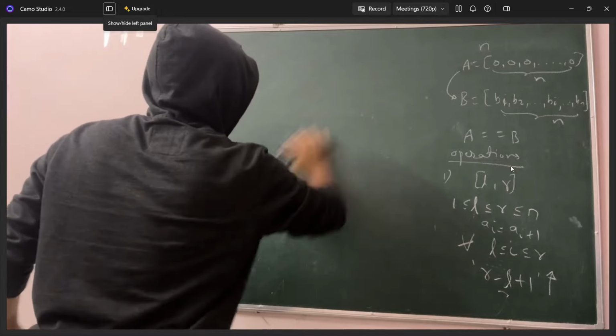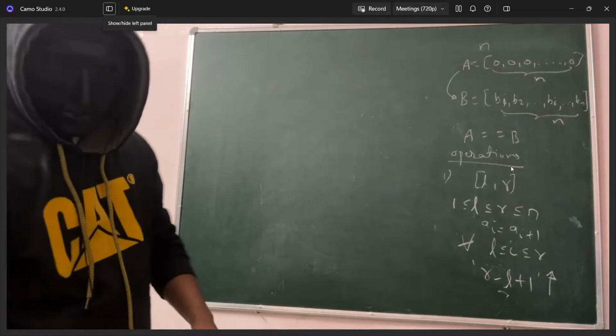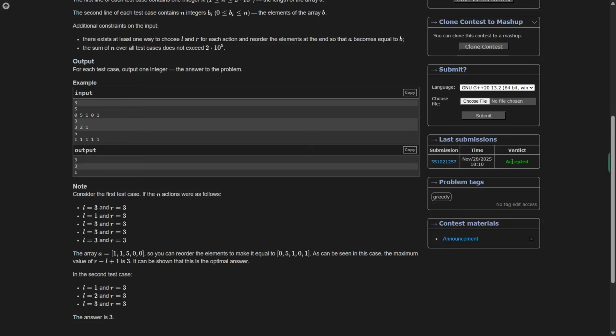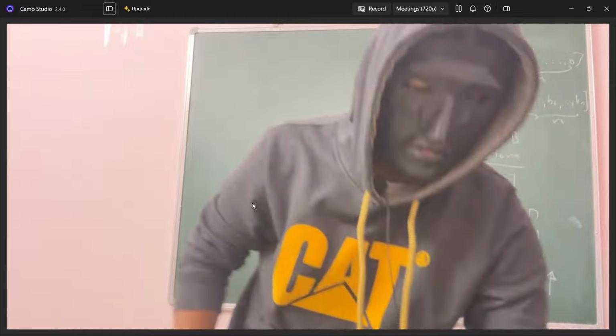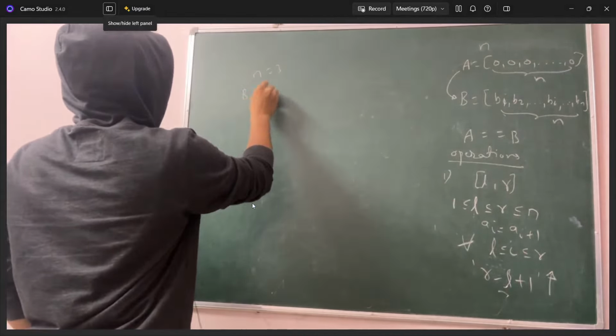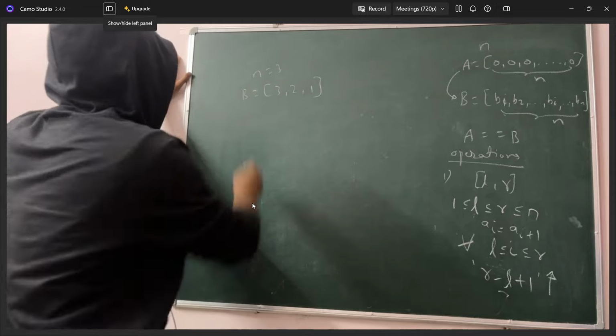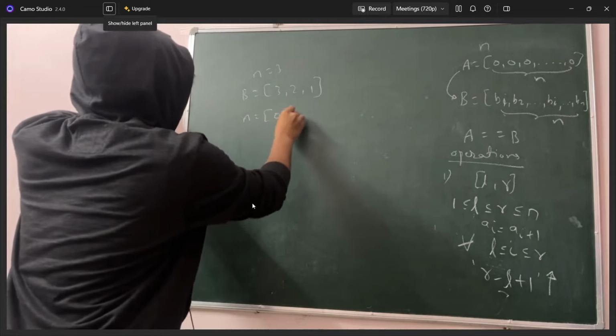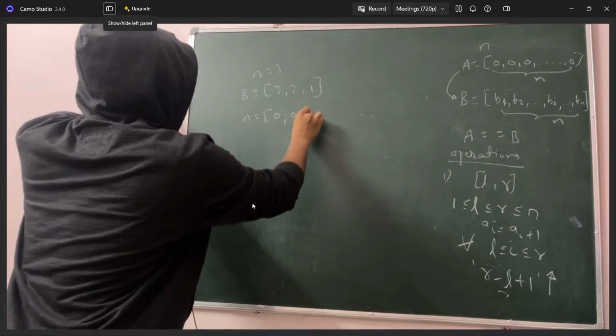Now let's consider the second one. In the second, n is 3 and array B is 3 2 1. Initially my array is 0 0 0.